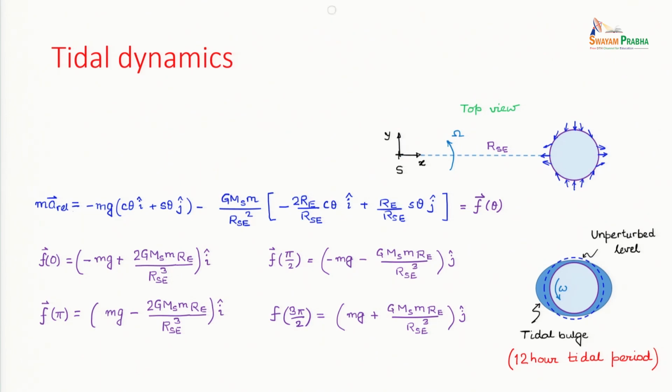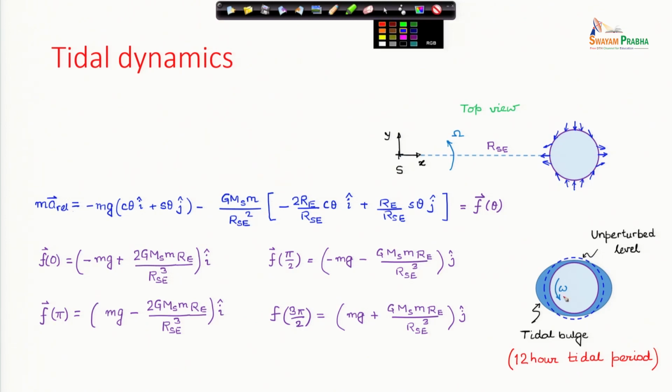If there is a person standing here, a person standing on the earth at this point of the equator at midday, at noon, will observe a high tide. Ocean water has risen. After 12 hours, this person, because of the rotation of the earth, would move to midnight.